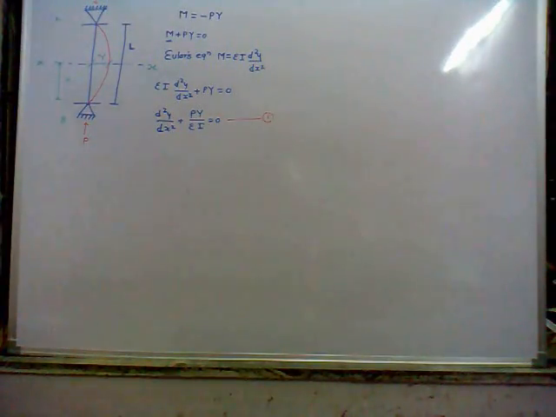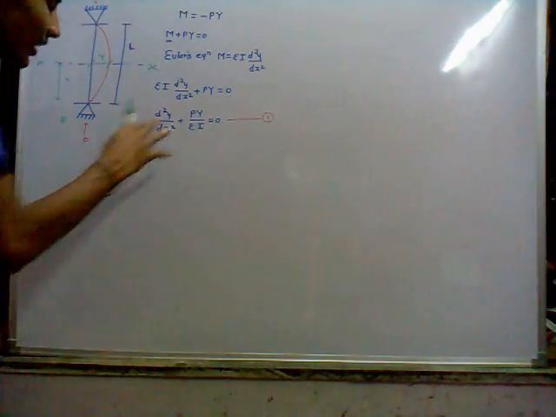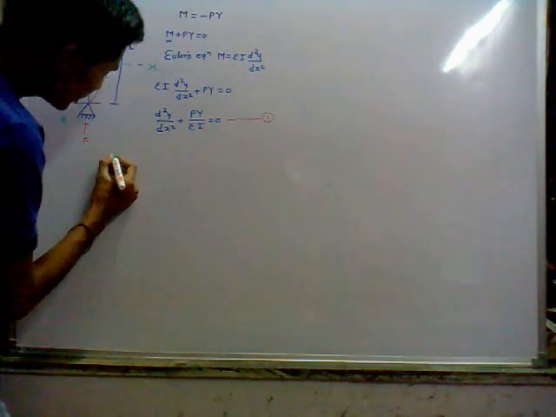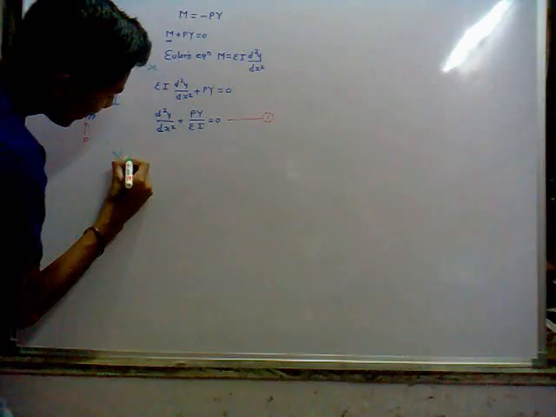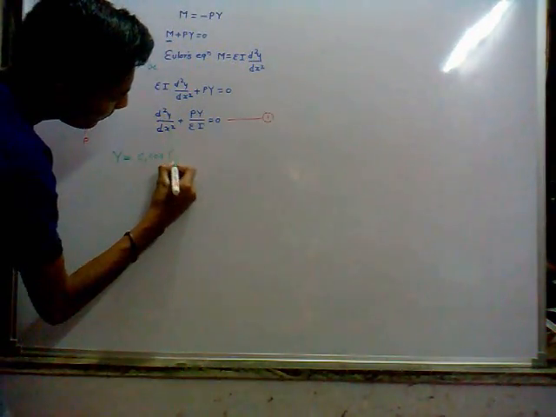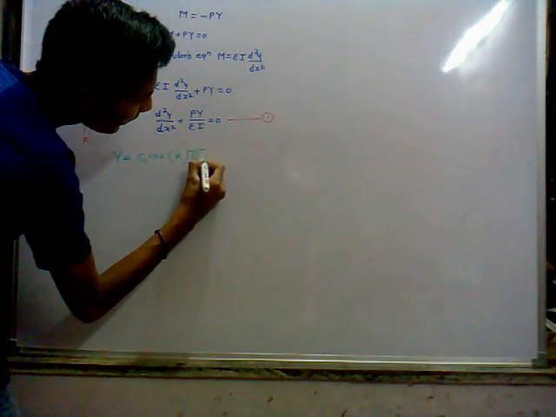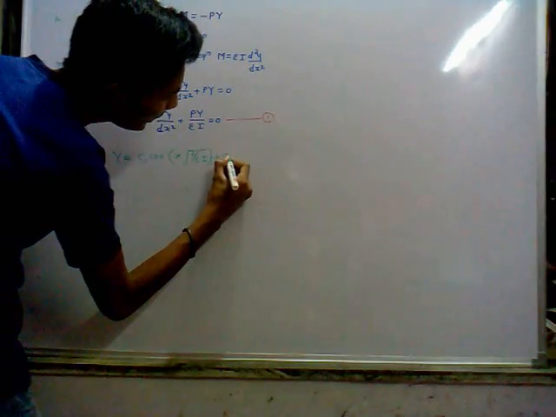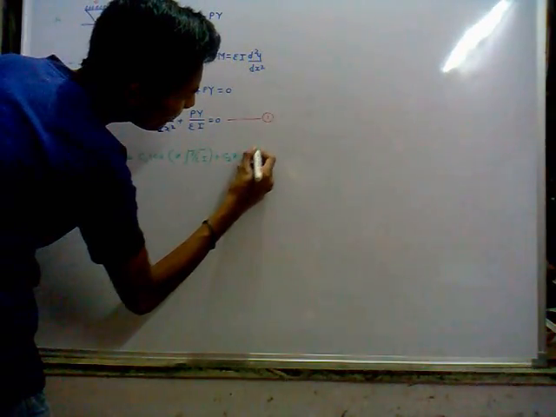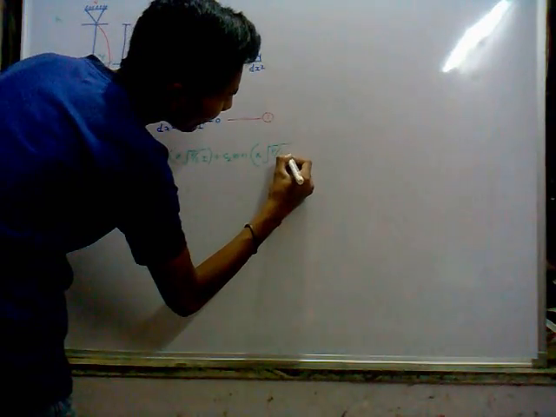By solving this equation, we get y equals C1 cos of x under root of P upon EI plus C2 sin of x under root of P upon EI.